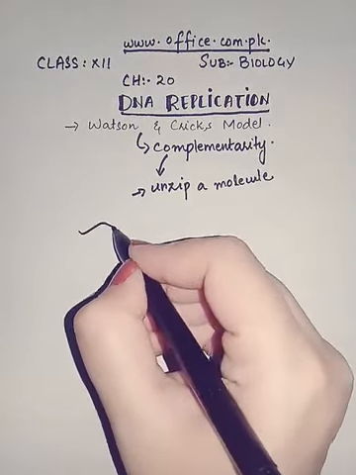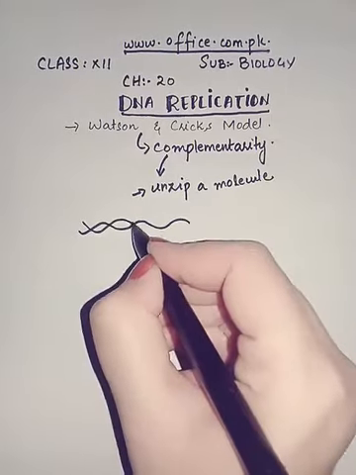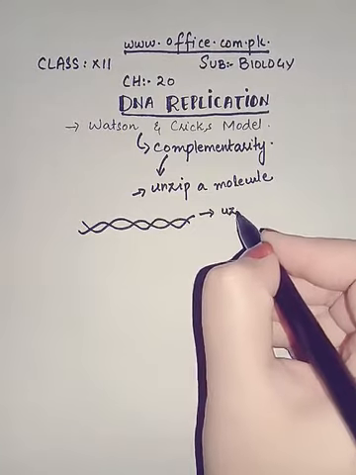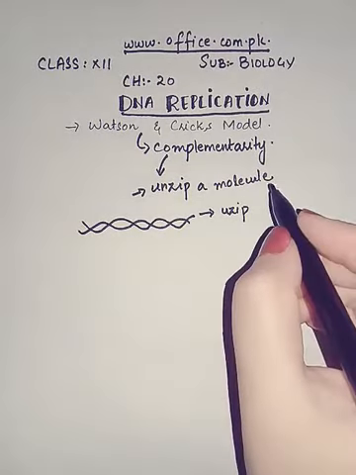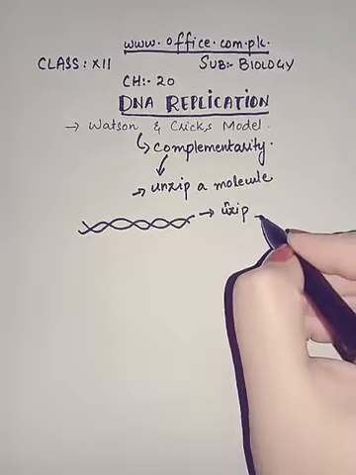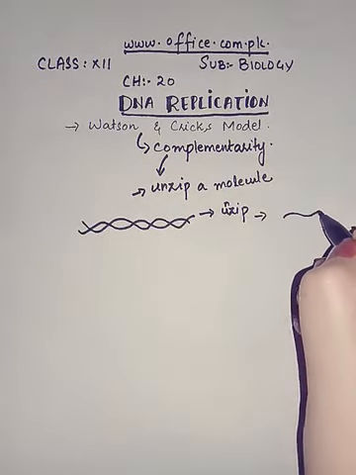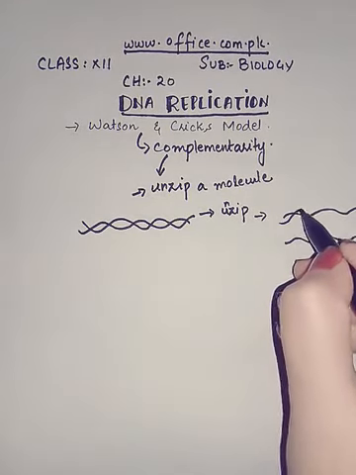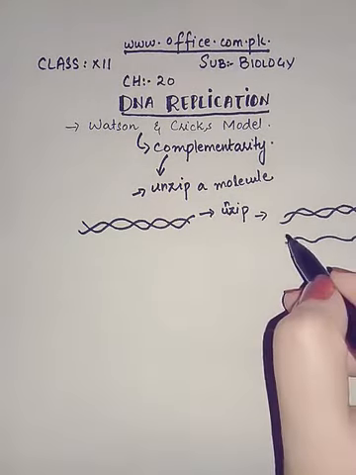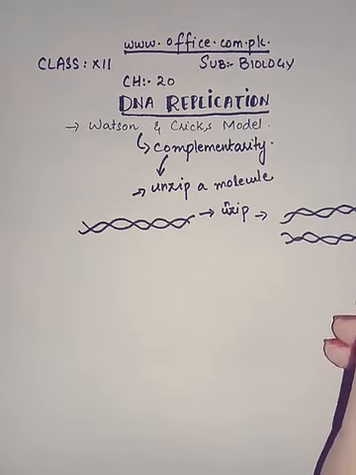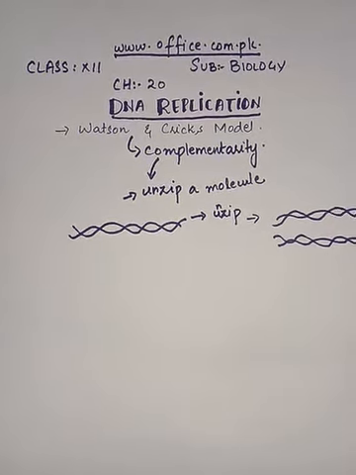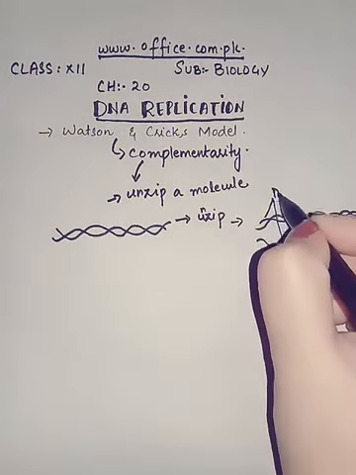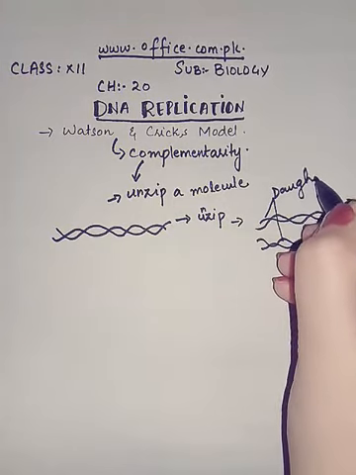For example, if this is a DNA molecule and you have to unzip this molecule, what will you do? You need to provide a complementary strand for each strand. Now the two strands will be separated, but they will be stabilized by two different strands, and this will result in the formation of the daughter DNA strands.